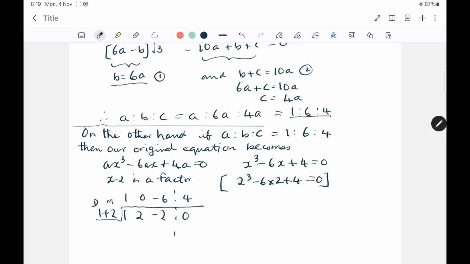So our original equation boils down to x minus 2 into x squared plus 2x minus 2 equals 0.